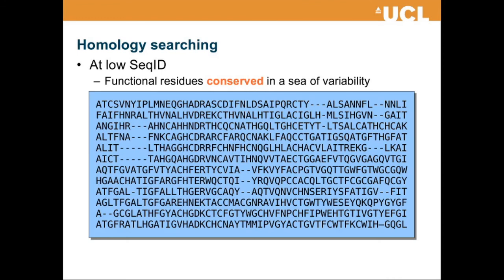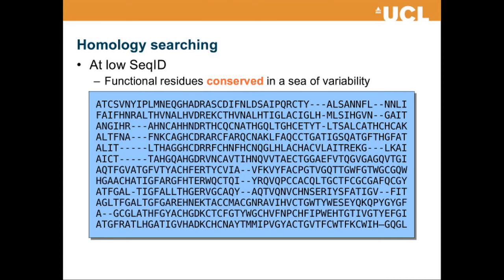Now, I also mentioned that using multiple alignment, we can pull out characteristics of a sequence family. So what we're trying to do there is pull out information about functional residues that are conserved in a sea of variability.